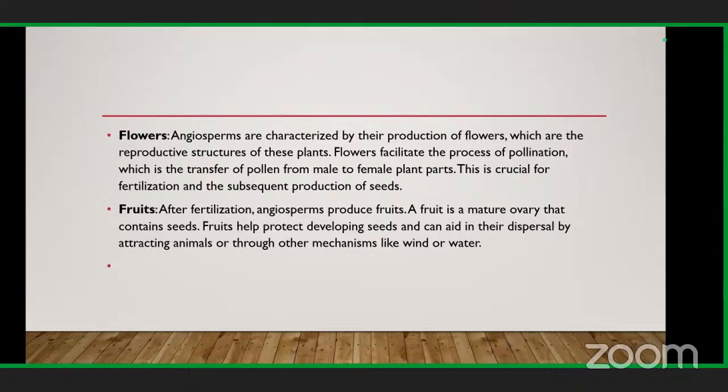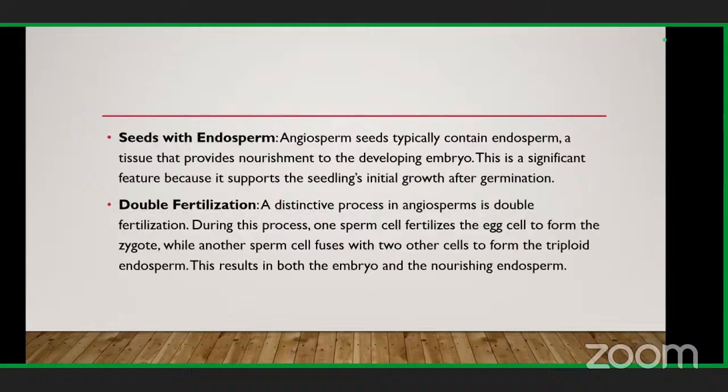In earlier groups like gymnosperms, the seeds are exposed in the cone or other structures, but here they are covered within the fruit, the matured ovary. Don't forget, fruit is the matured ovary and it contains the seeds.